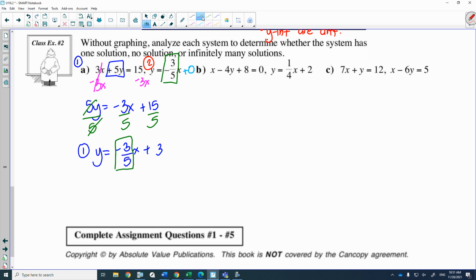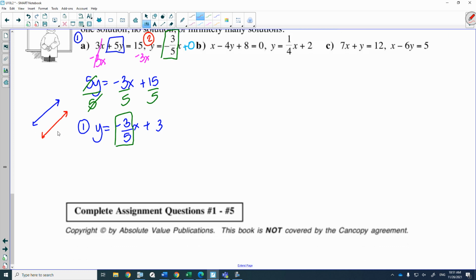Same slope is going to be this case. This is the example of the same slope, and they have different intercepts. Because if they were identical intercepts, they would be infinite. How many solutions would I have in this scenario? No solutions. There are no solutions.